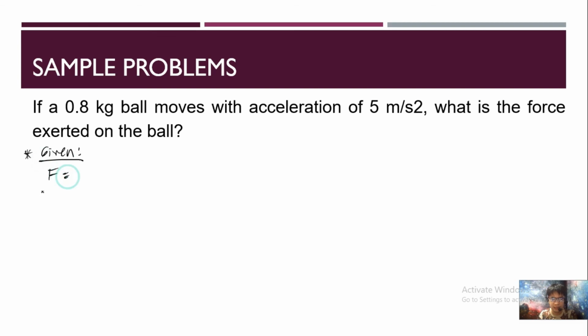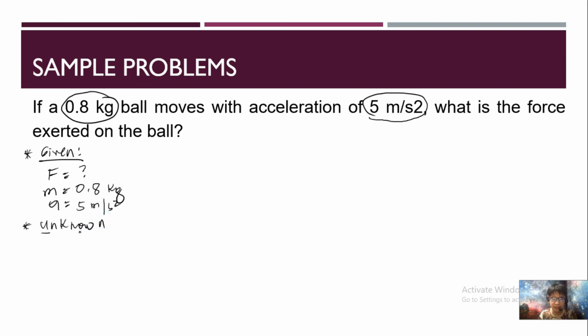So 0.8 kilogram is the mass, and then 5 meters per second squared is our acceleration. Okay? And force is unknown based from the problem. So let's write down here the unknown. The unknown is force.